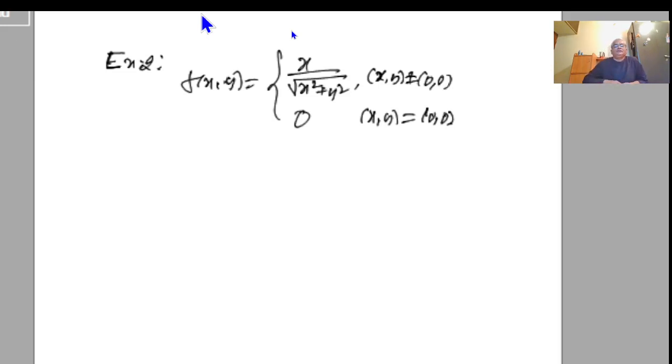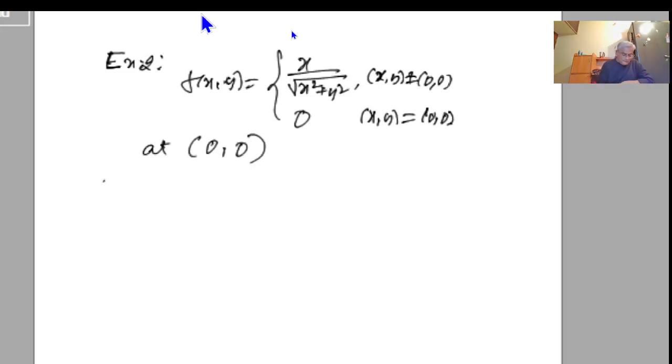Again, what we do here is first we find the limit of the function and we find the value of the function. If these two are the same, then we say that the function is continuous at the given point. Here we have to find the continuity at the point 0, 0.